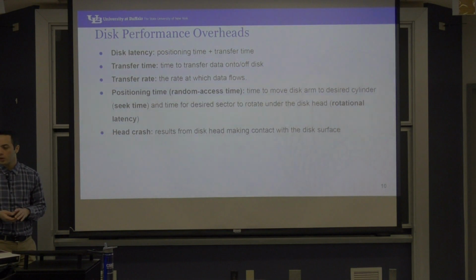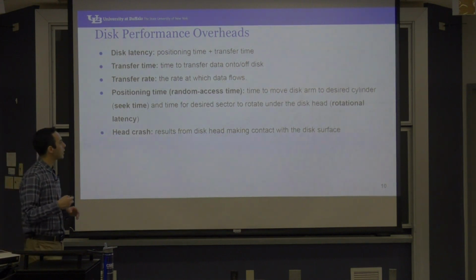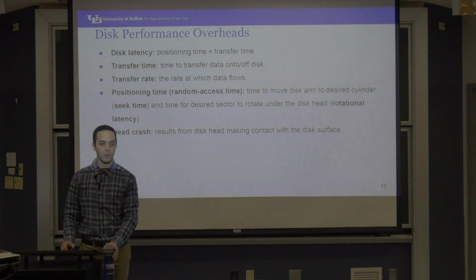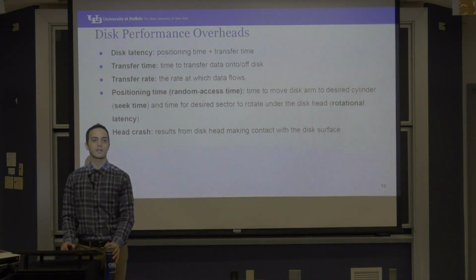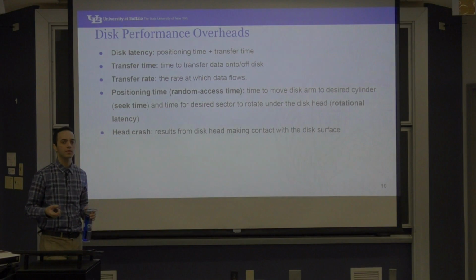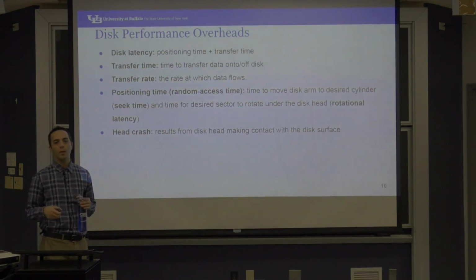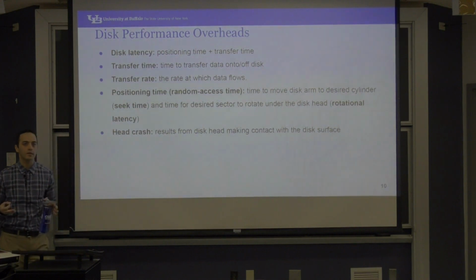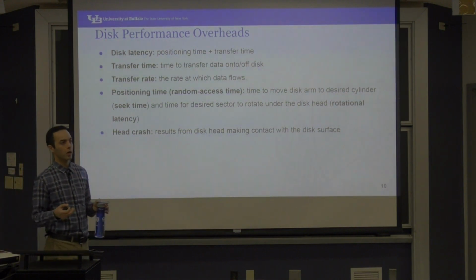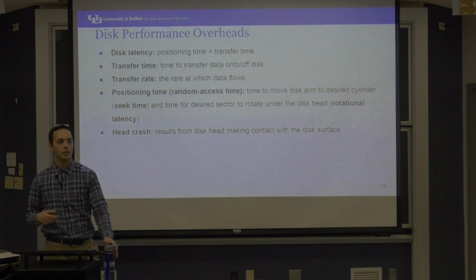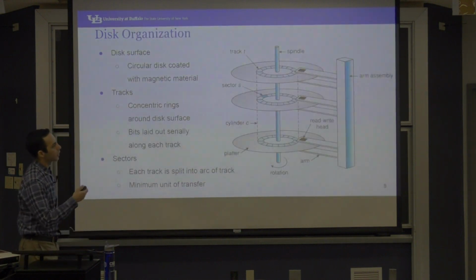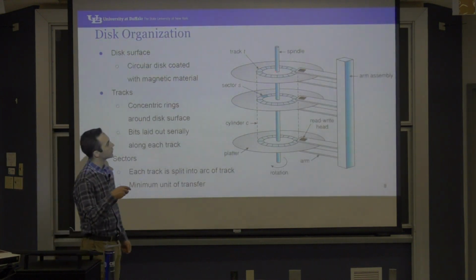The rotational latency is a function, for example, of how fast the RPM is. Usually you've seen 5400 or 7200 RPM, but it might also not be constant. It's geometry and physics.